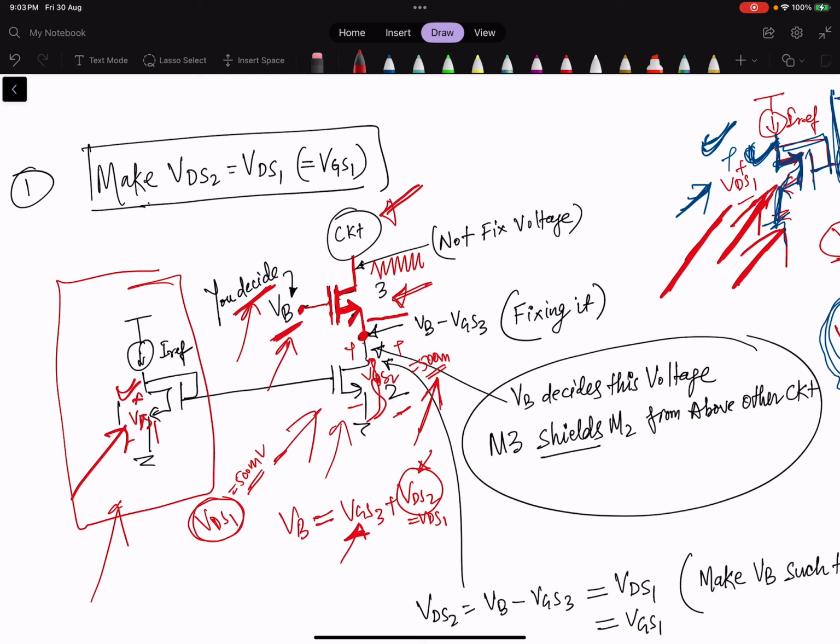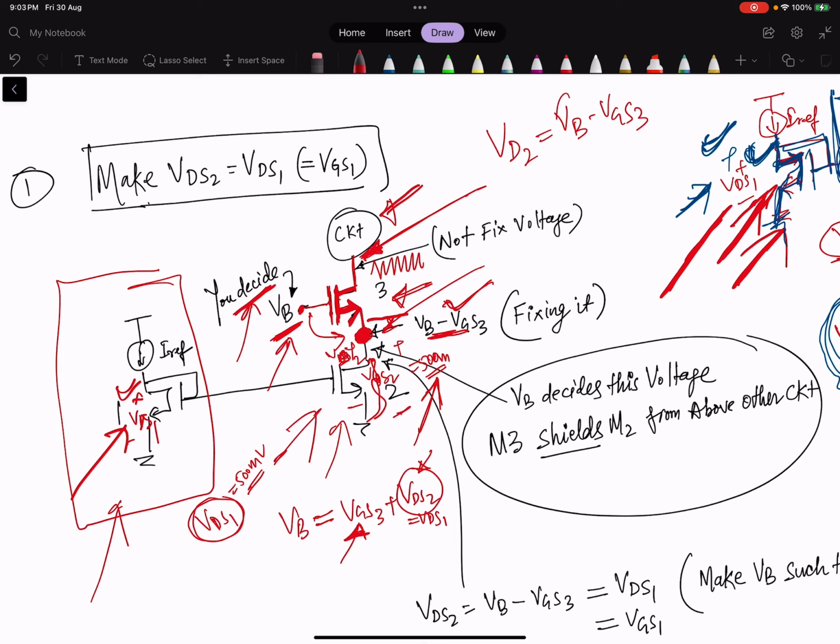So this voltage is defined by VB minus VGS3. Whatever varying voltage comes here will not affect the VDS, because VD2 is defined by VB minus VGS3.